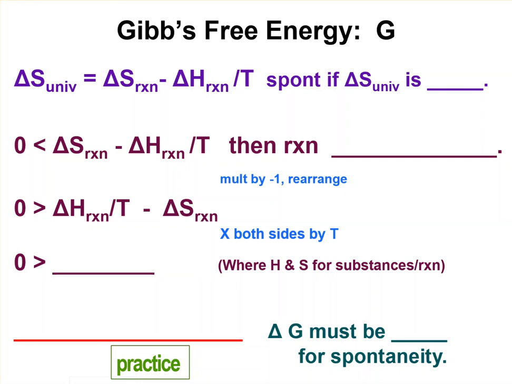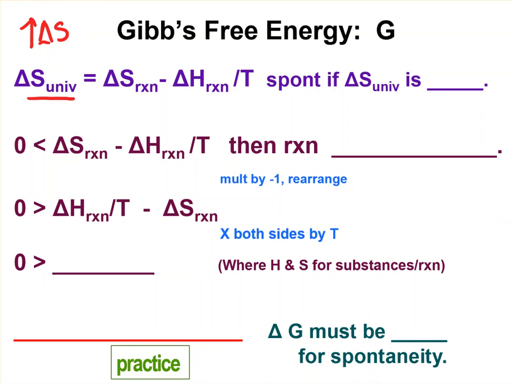And the rule is that if entropy is increasing, so if we have an increase in entropy, then the reaction is spontaneous. The thing is, when we say this, it needs to be entropy of the universe.